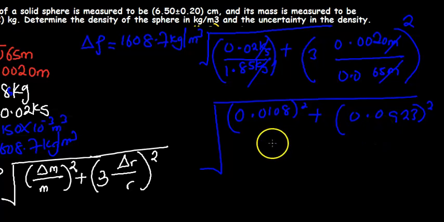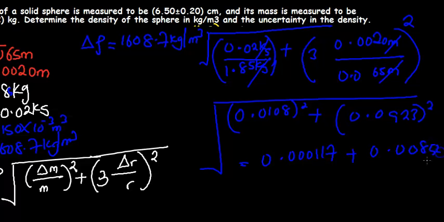The square of these two is simply going to be, for the first one, 0.0001117. You're going to add that to this, which is going to be 0.00852. So the square root of everything here, no, not the square root. First, we need to sum it up.